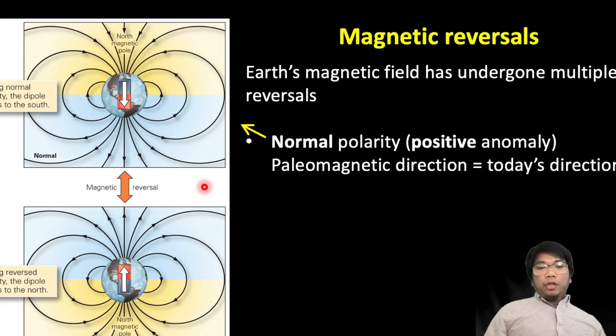So at this point, you should know that the magnetic field of the Earth is very dynamic. It has been very dynamic because, based on geological records, the Earth's magnetic field has undergone multiple reversals in the past. So this figure right here, the top left figure that you are seeing right now, shows what the current state of Earth's magnetic field looks like.